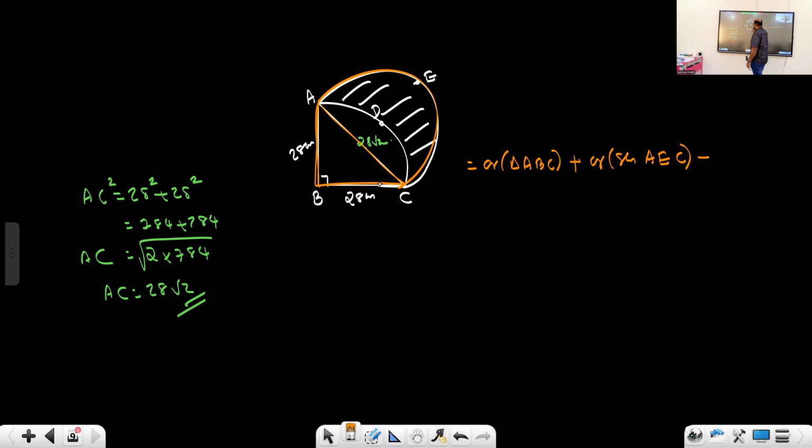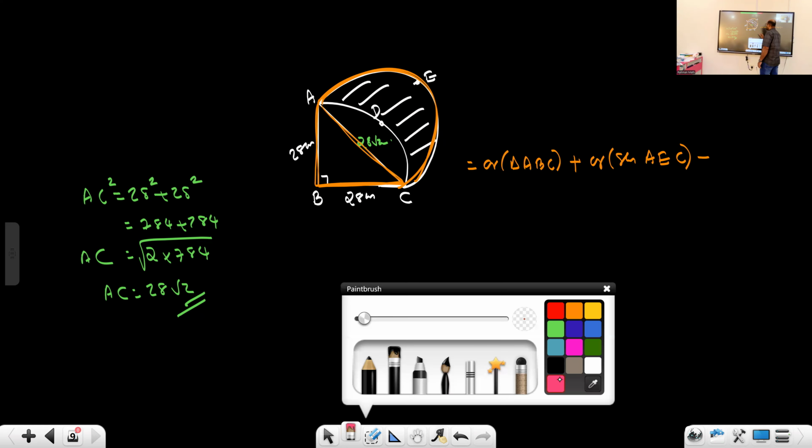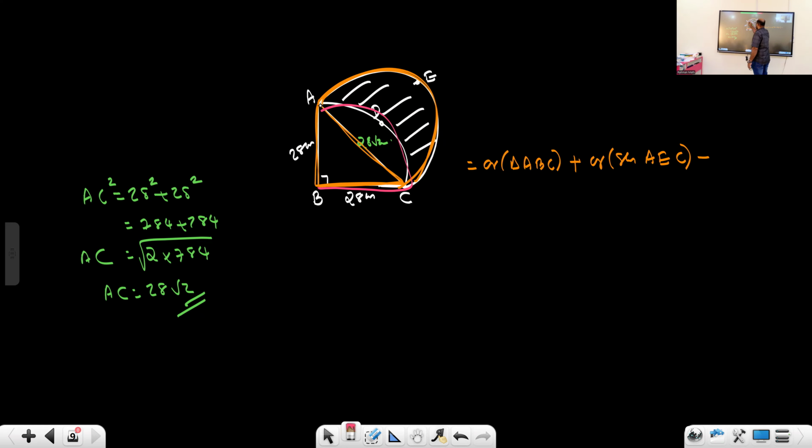First this triangle area, then the semicircle area. From there what do we have to remove? This quadrant area we have to remove. Minus area of quadrant ABCD. Triangle area as usual, half into BC into AB.